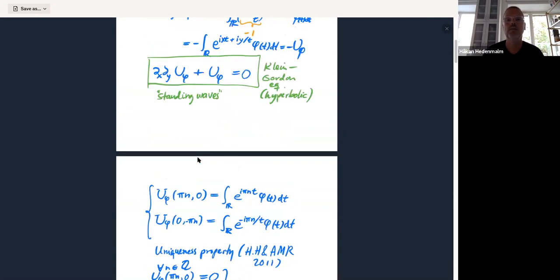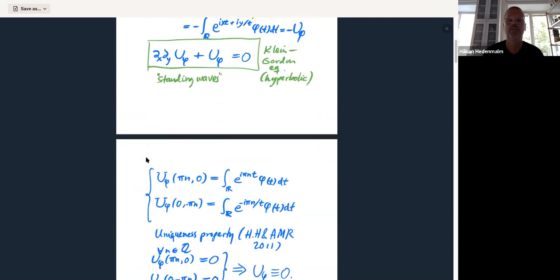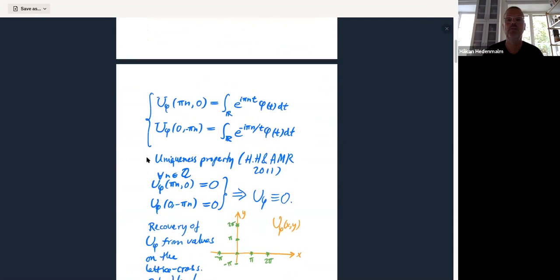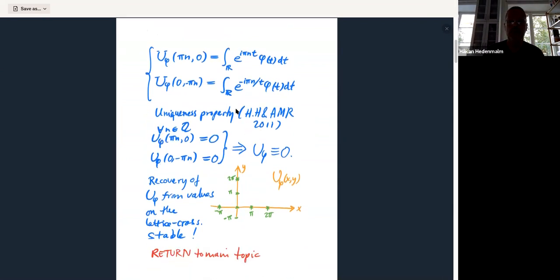So suppose you have such a solution which has this form, then once you assume that it vanishes on a very sparse collection of points, actually, along the y-axis and along the x-axis, you get that the function collapses if it vanishes on those points. It's just the zero function.